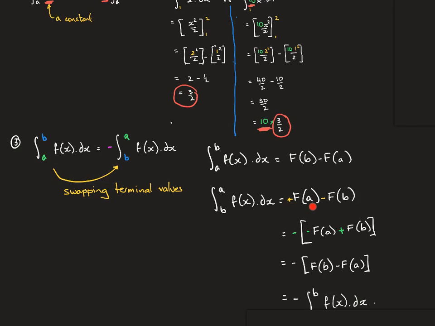So this was positive F of a, multiplying it by negative, you can have it as negative F of a, and this was negative F of b, and you can have it as positive F of b. So now I can write these two round the other way, so this one first, and then what you've actually got is the negative of the original one that you got before. And so you end up with the relationship that if you swap the terminals, you get the same size answer, but with a negative value.